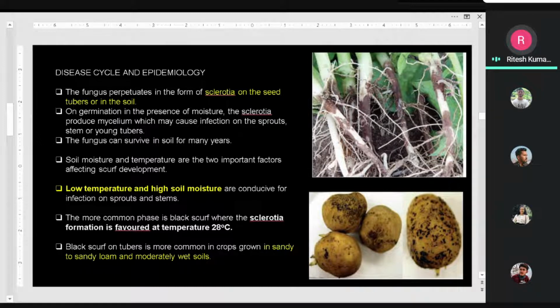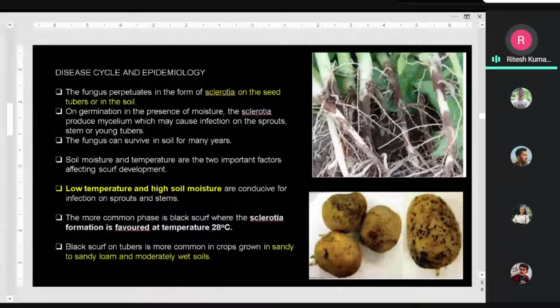The problem of Rhizoctonia is growing across the country in numerous vegetables, in rice, in maize, and in other cereals. They can survive easily in the soil for many years, 2 to 5 years. This is more problematic in areas with high rainfall or in fields with high soil moisture, which is very conducive for infection.